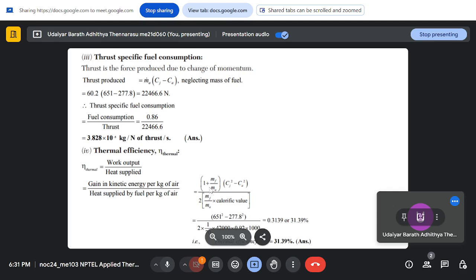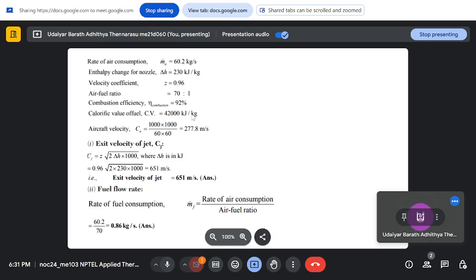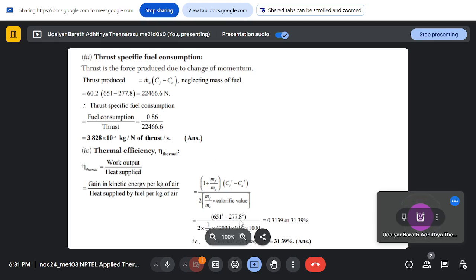The 1 by 70 will be very small, so neglecting it, 1 into 651 square minus 277.8 square, so that is the velocity change, divided by 2, since kinetic energy is mv square by 2, into mf by ma, which is 1 by 70, the fuel air ratio, into calorific value, which is given as 42,000 kilojoule per kg, then into your combustion efficiency of 92%, so 0.92 into 1000. This comes out to be 0.3139 or 31.39%. So the thermal efficiency of this engine is 31.39%.